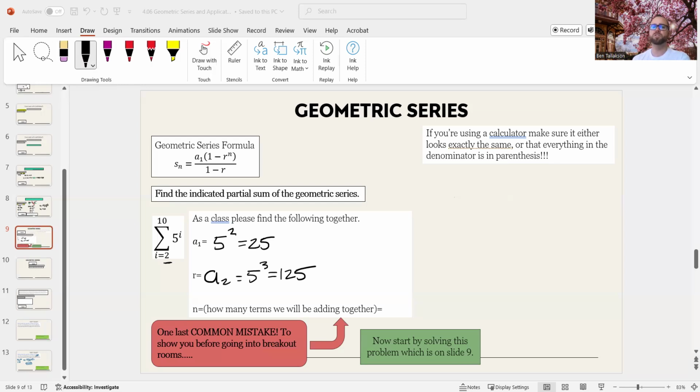And then n. N is how many terms you're adding together. And this is a moment where many people make a mistake. Think about it. Don't just go, oh, it's 10. And don't just think, oh, it's 10 minus 2. Do the work if you need to. If you're starting with 2 and you're going to 10, how many numbers are actually there? 1, 2, 3, 4, 5, 6, 7, 8, 9.